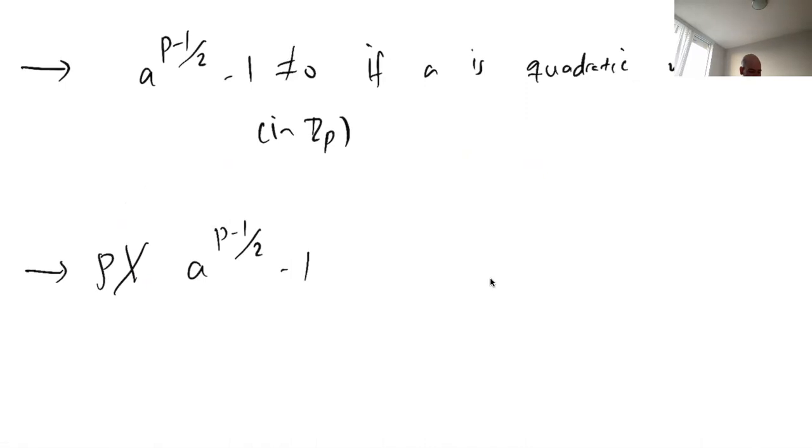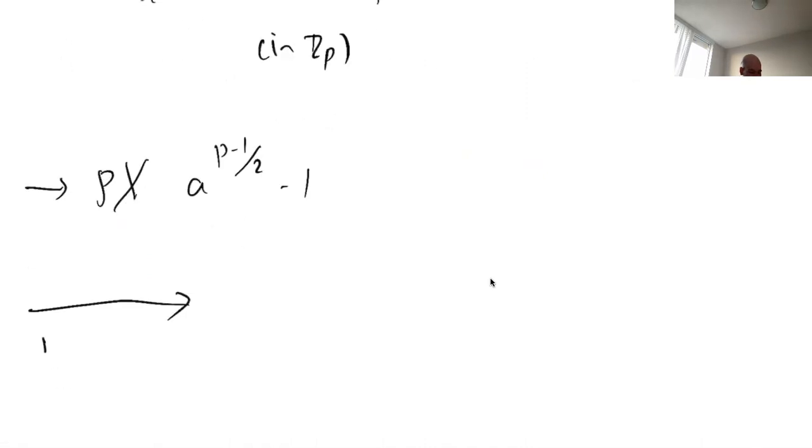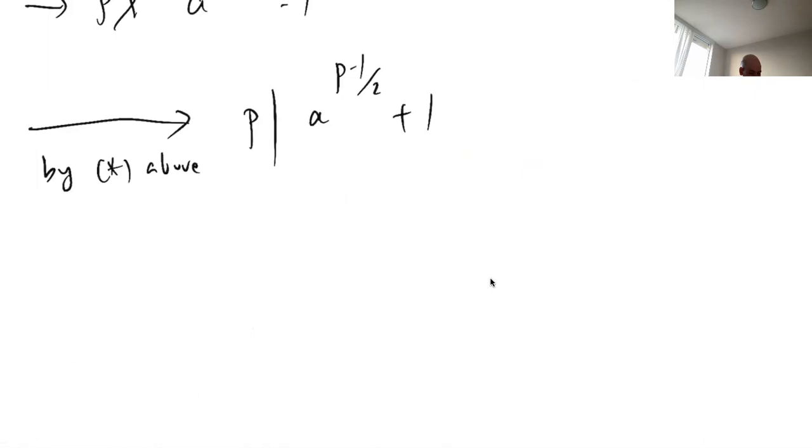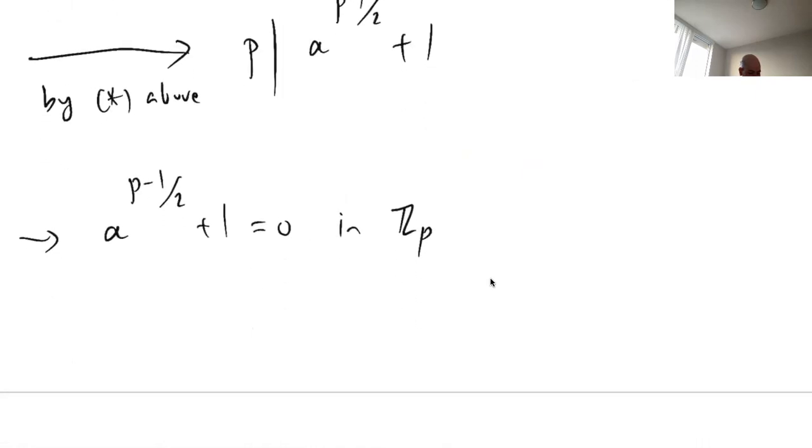So, by star above, p divides a to the power (p minus 1) over 2, plus 1. That means a to the power (p minus 1) over 2, plus 1, equals 0 in ZP, and that means a to the power (p minus 1) over 2 equals minus 1 in ZP. Again, remember, if a number is divisible by p, that number is 0 in ZP.